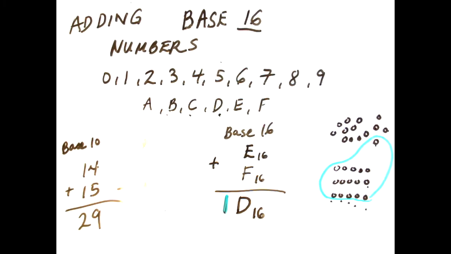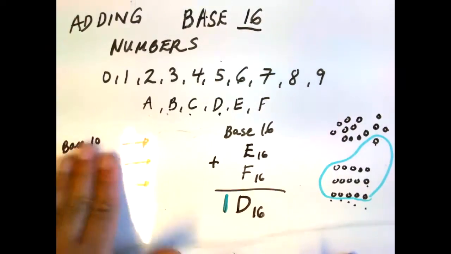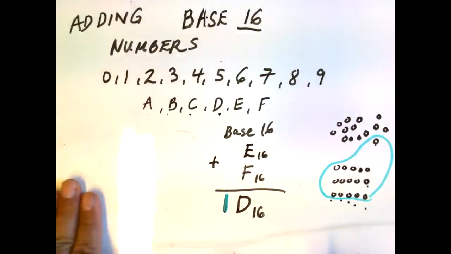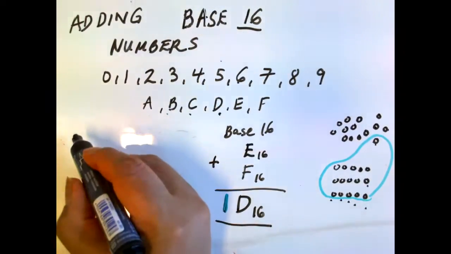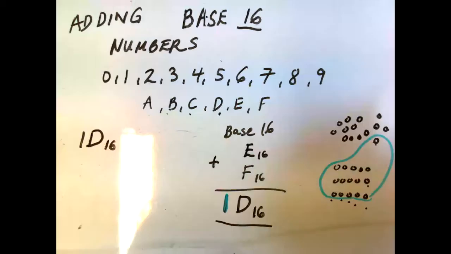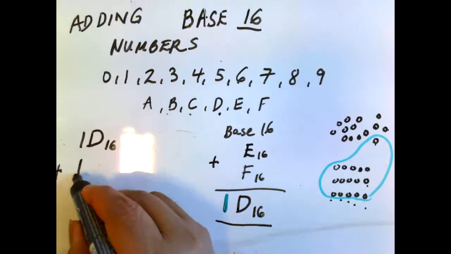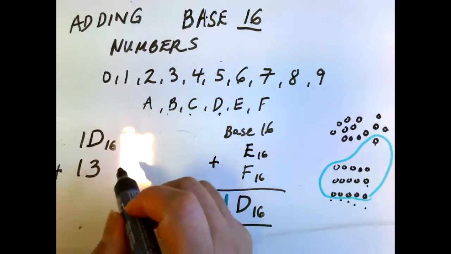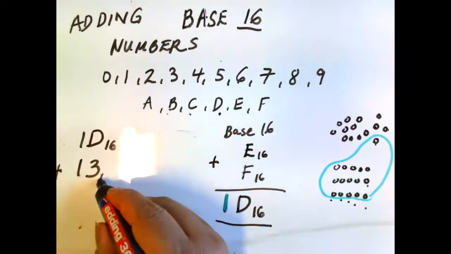Now, let's have another example. So let's take this number here, 1D, which is in base 16, this whole number, and add, let's say, one group of 16 and 3 remaining. So let's draw 13 in base 16.